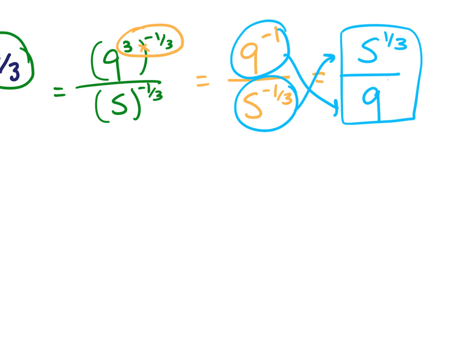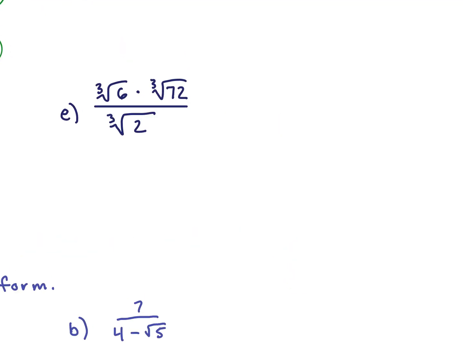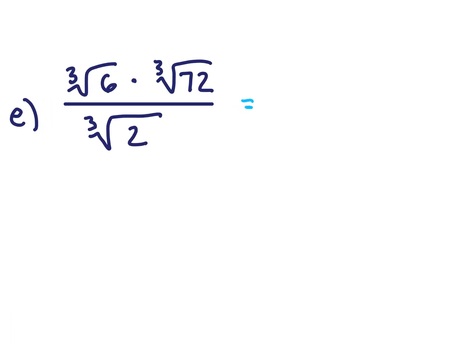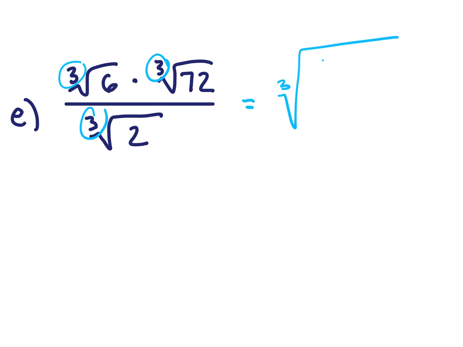All right, let's do E. What should we do for E? If they all have the same index, we can combine them all together under the same index. So we have 6 times 72 over 2.